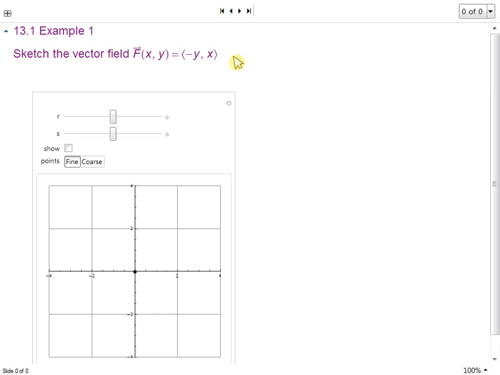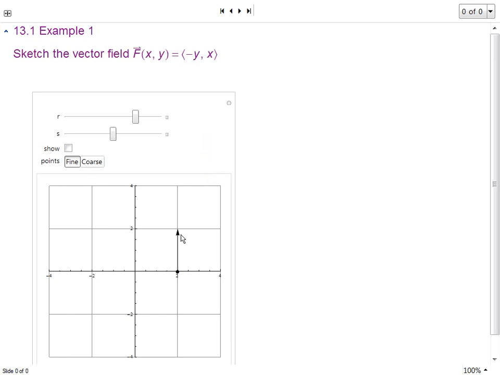All right. Now let me move. If I move over here to the x-axis, the ordered pair is the point 2, 0. If you plug in 2 for x and 0 for y, you get the vector 0, 2, which starts here and goes up 2.